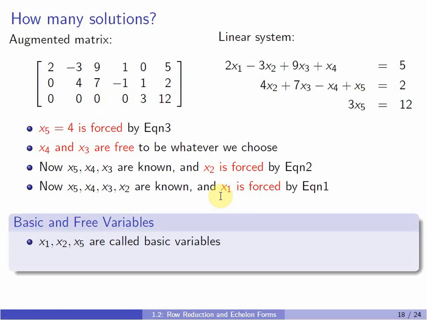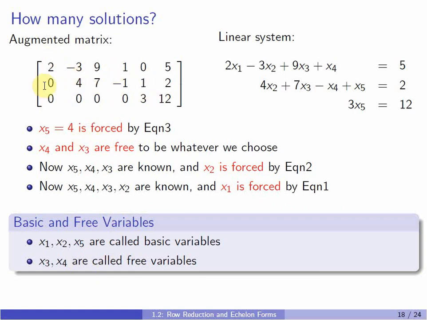Okay. So we have this terminology that I'd like to introduce, and don't want to be too formal about it, but the forced variables are these basic variables, in this example x1, x2, and x5, and then the unforced variables, the ones that are free to be any real numbers that anybody would want to choose, those are the free variables. And take a look, that information is very well encoded in the matrix as well.